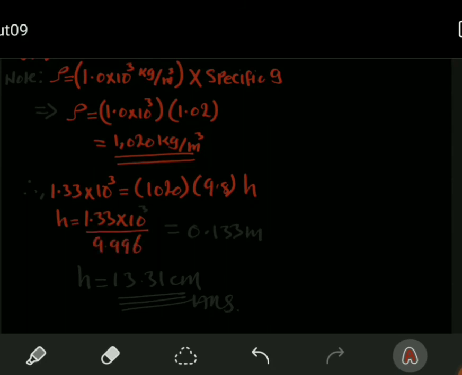If we make an expression for h, we are going to obtain the value of h as 13.31 centimeters. So this is the height to which the bag must be raised so that we can have a gauge pressure of 1.33 times 10 to the power 3 pascals.